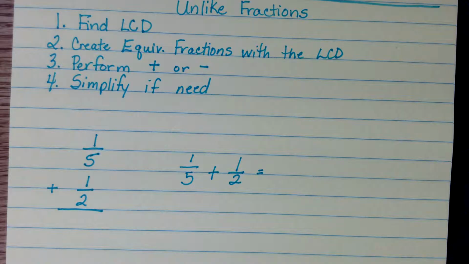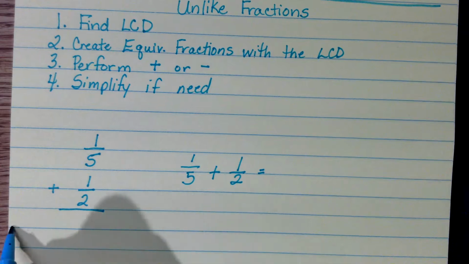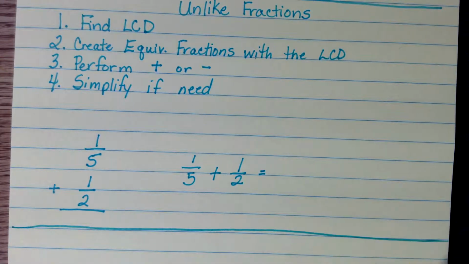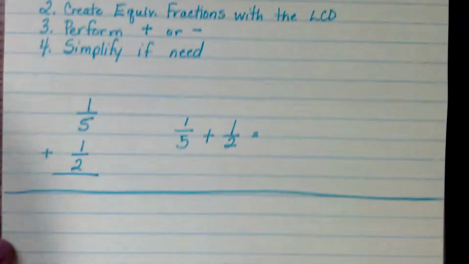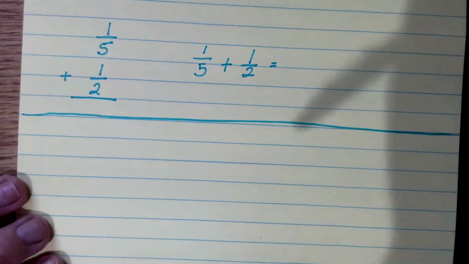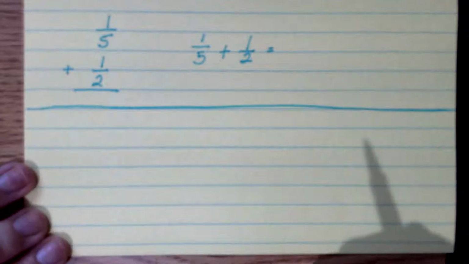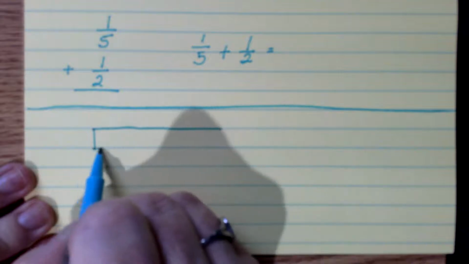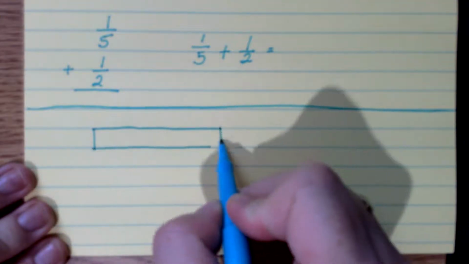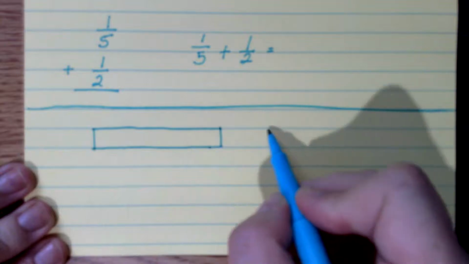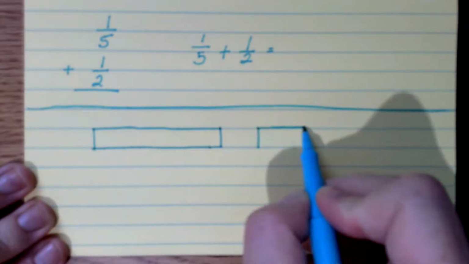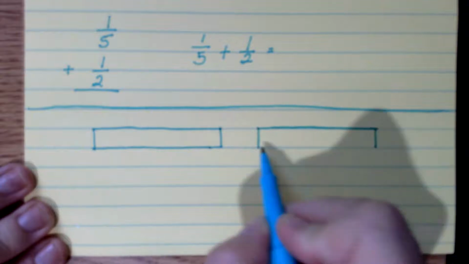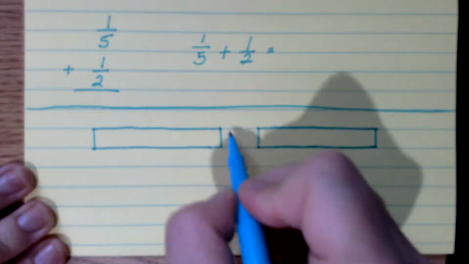All right, make sure that if you have a model that you are looking carefully at what is being provided to you, and make sure that you can decide if you have a like denominator or an unlike denominator. Sometimes you're going to see pictures and it may look like this. And remember, we always assume that our whole that we're working with is the same size.